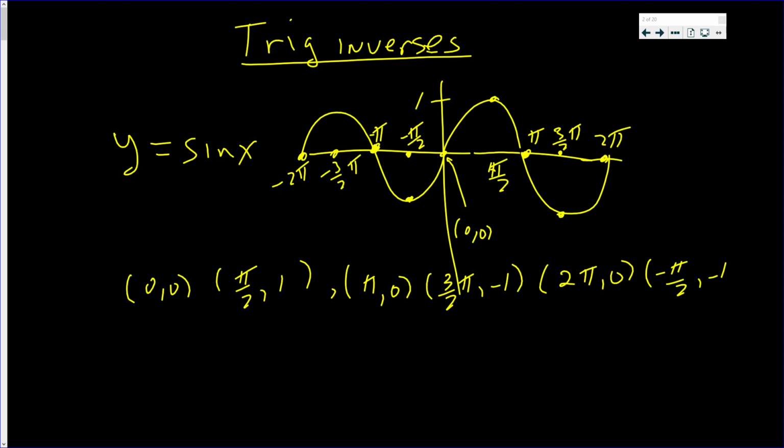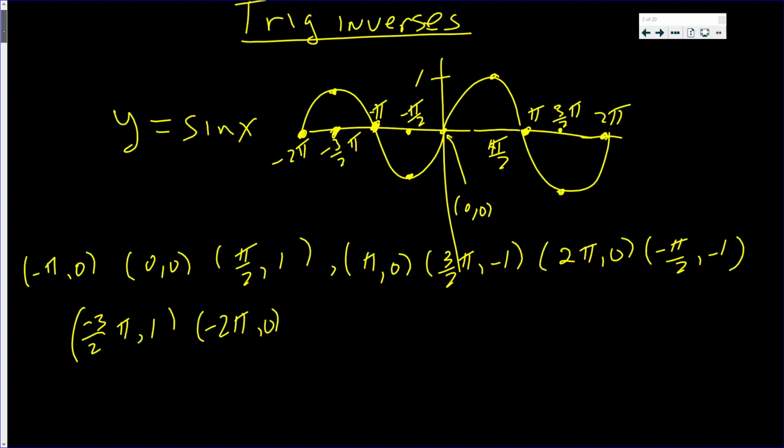This one, the x value is -pi, the y value is 0. This point over here, the x value is -3/2 pi, and the y value is up here at 1. This last point, -2 pi, 0.